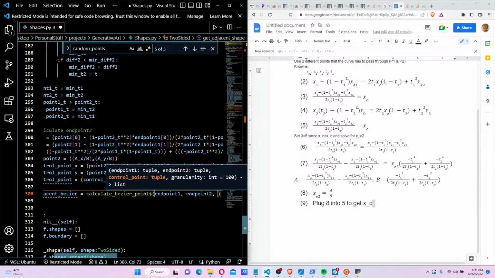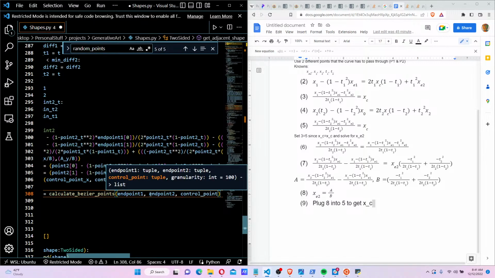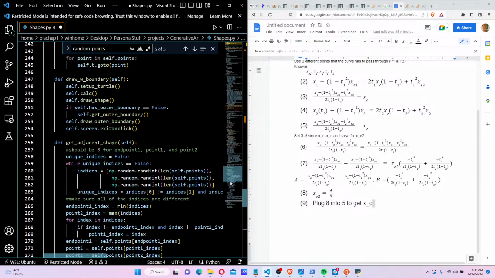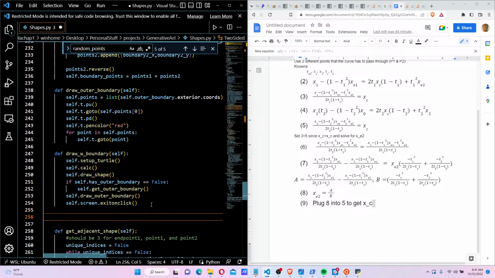Endpoint 2 and control point. Leave the granularity what it is. So that's adjacent Bezier. Assign that to self. Okay. Draw with boundary. Draw with adjacent of self.